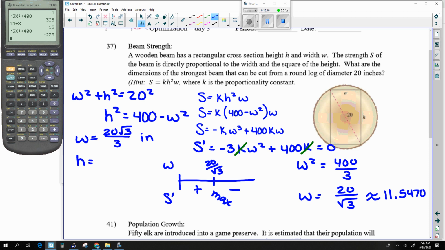The height is, okay, it'll be something else.